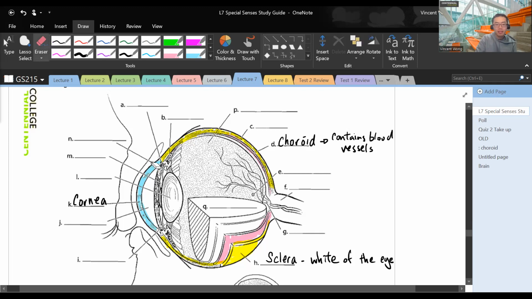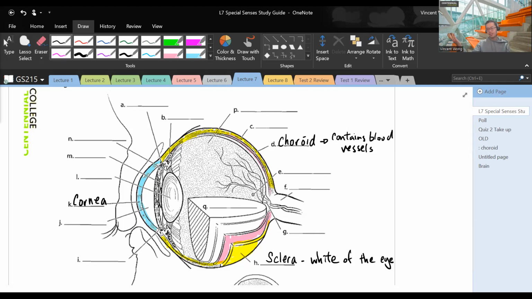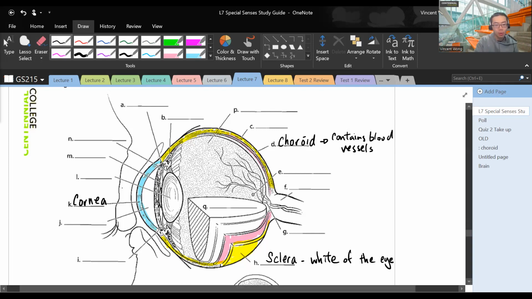The convex shape allows it to collect light from a wide angle. Think of it as the security mirror in the corner of a convenience store. Those are convex mirrors that allow a good view of the entire store. So the cornea is the same thing.